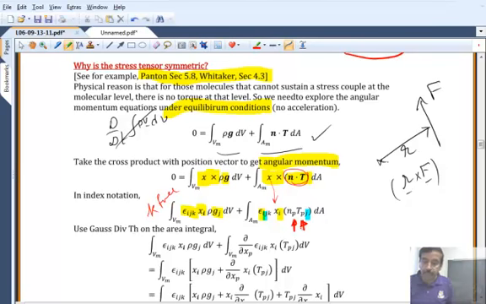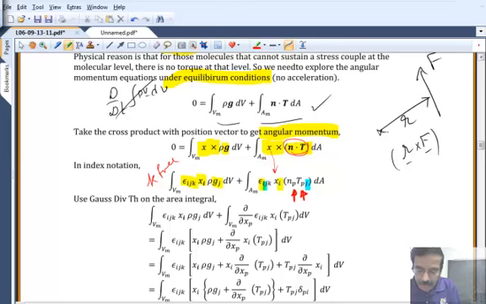Once I go into the index notation, I can then do the chain rule expansion. Both are under volume integral. Well, I guess I did go from here to here.